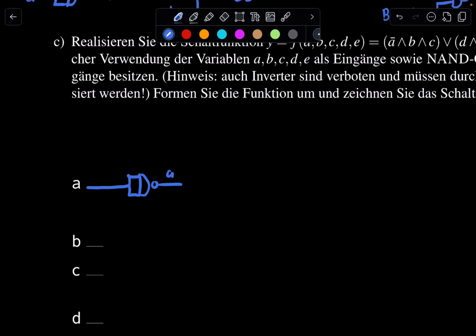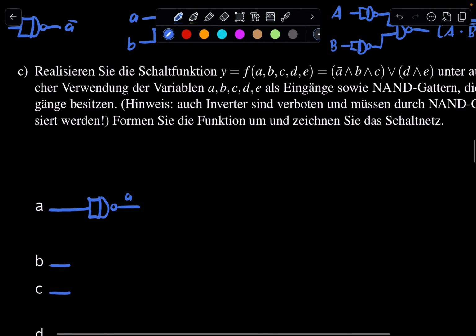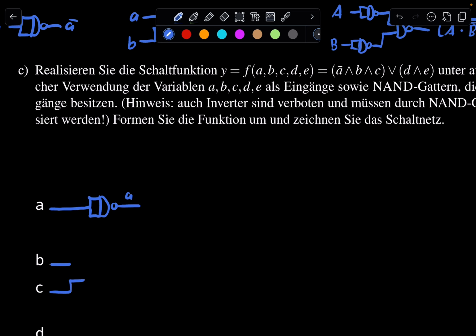So we just take these two guys, and as you remember, we have to negate them first. So let's negate them first. So we have not B and C, right?